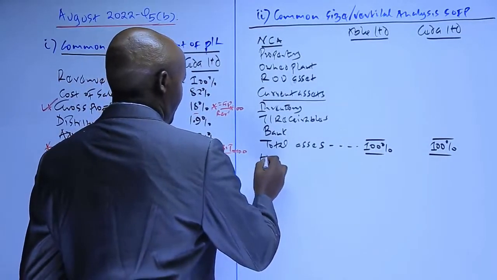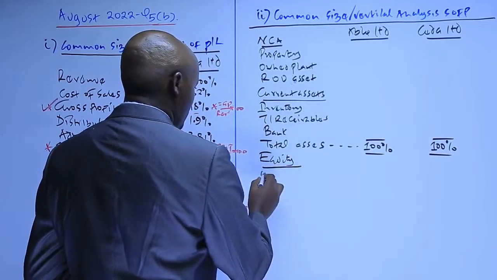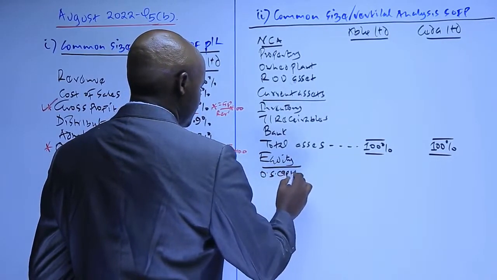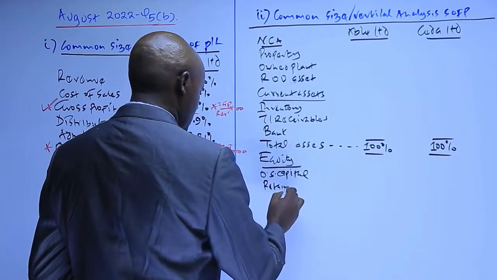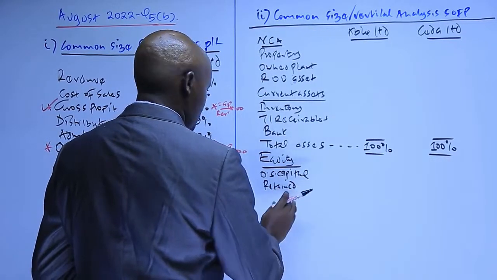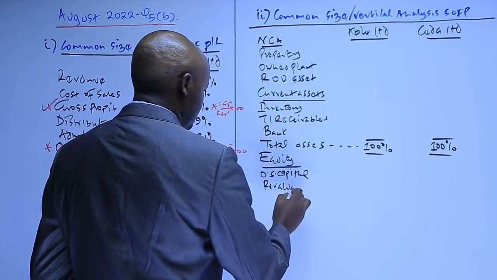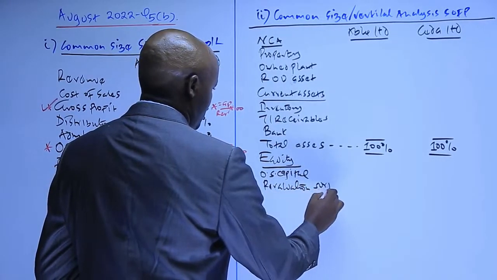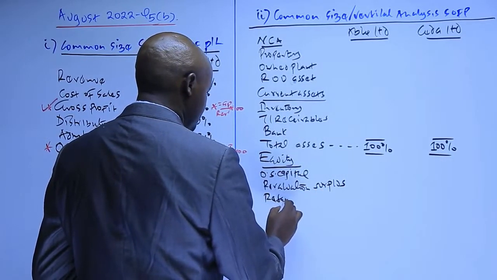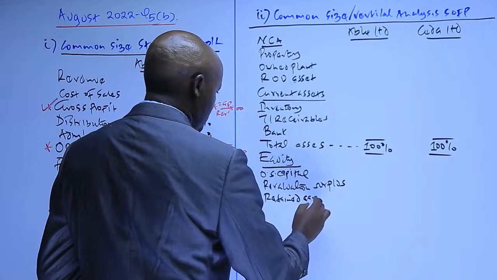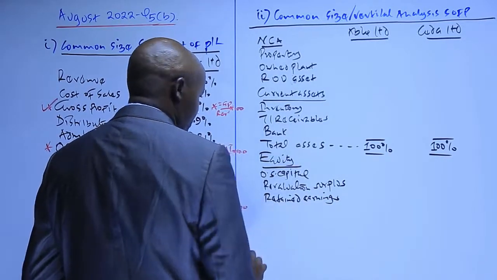And then below that we have equity. We have ordinary share capital. Before retained earnings we have revaluation surplus, and then retained earnings, and then we have the total equity.